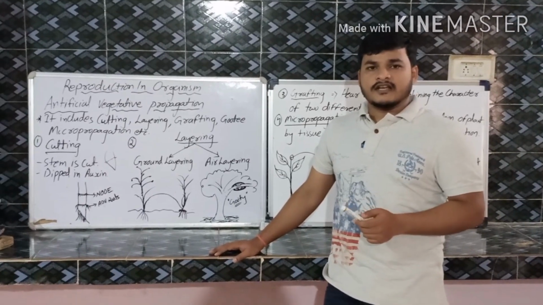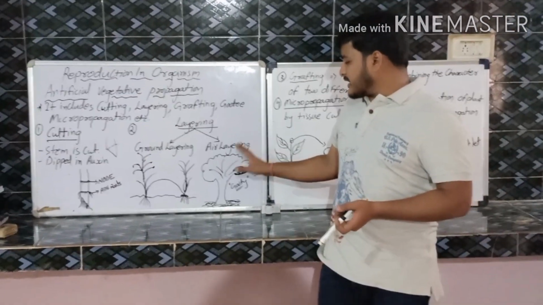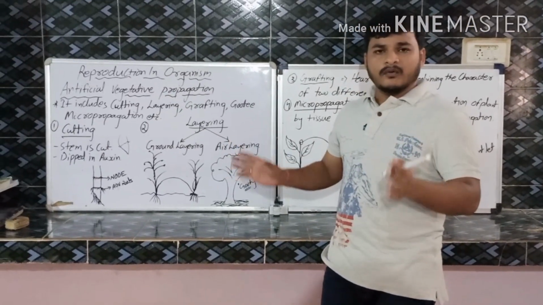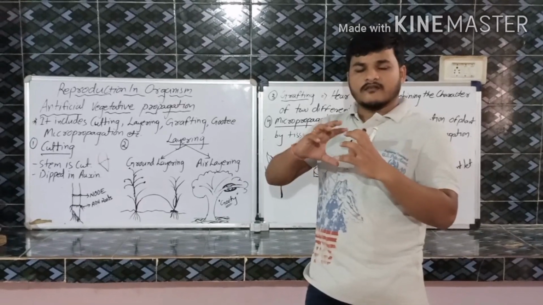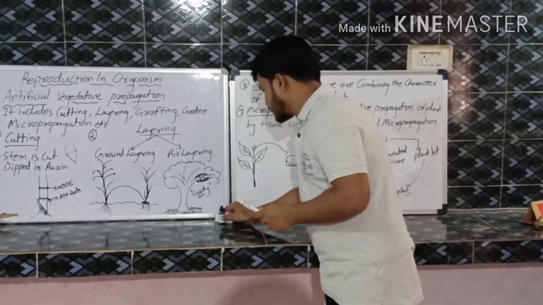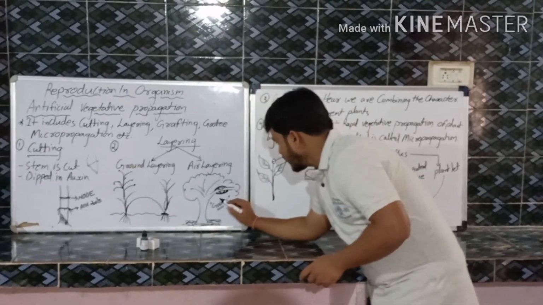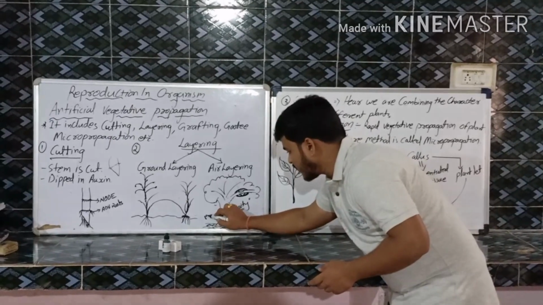In the air layering process, we take a simple healthy branch and cut away some of the dry parts. That means the bark is removed from the plant. Here we take a mango plant as an example.